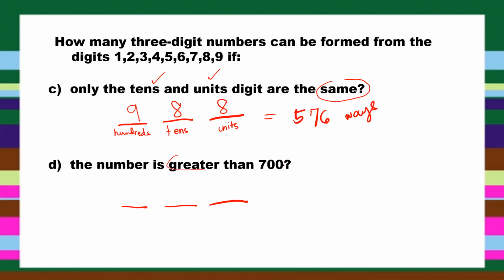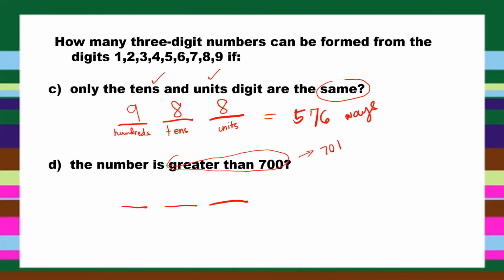The number is greater than 700. Ano mga numbers yung greater than 700? Can you please give me yung pinakamaliit na number na pwedeng greater than 700? 701 po. 701, of course.